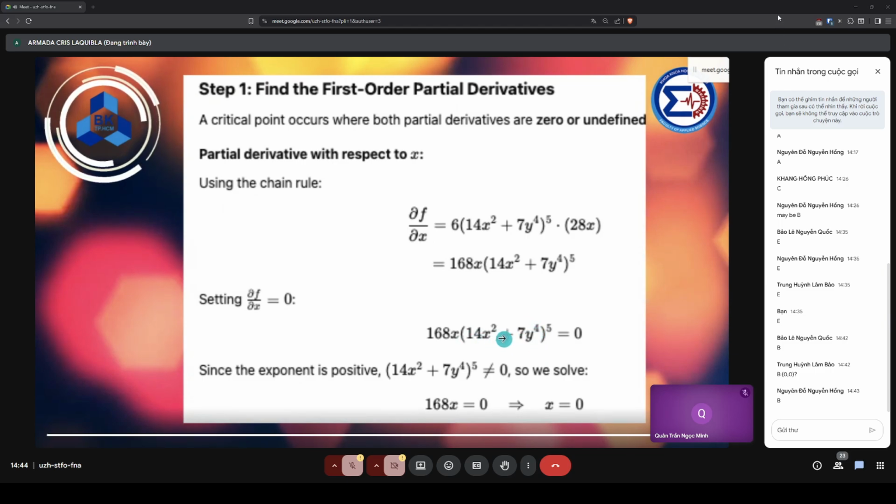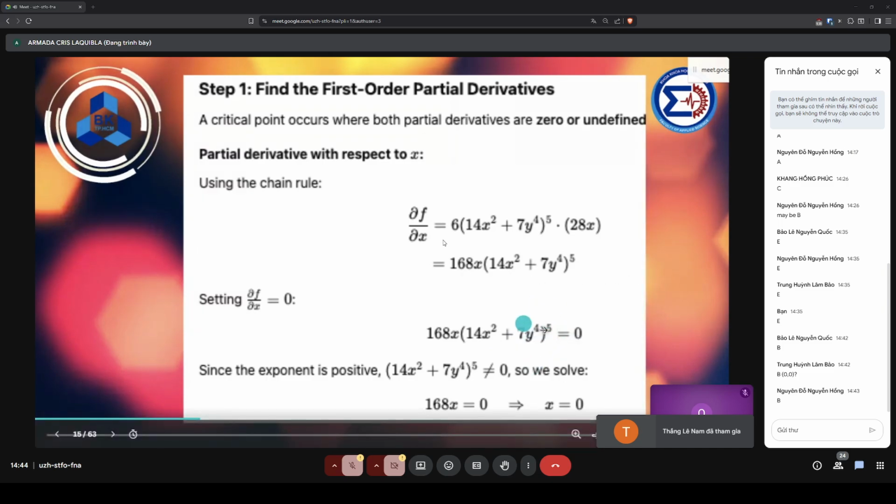So the whole thing here becomes positive to the power of 5, it becomes a very big number. Okay, so this is greater than or equal to 0, and then this one will equal 0 only if your x there is 0 and your y is 0. Correct? So that's the only case that this part here will become 0.